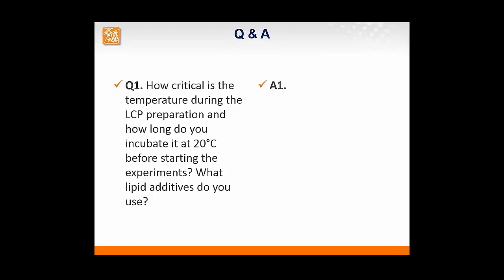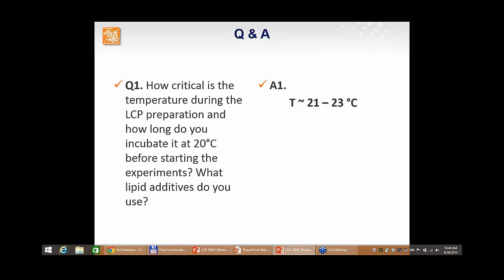The temperature when you prepare LCP is important, and you would like to keep the temperature around 21 to 23 degrees Celsius. Especially when you work with monoolein-based lipidic phase, because if you have higher than 23 degrees, your protein will be less stable.